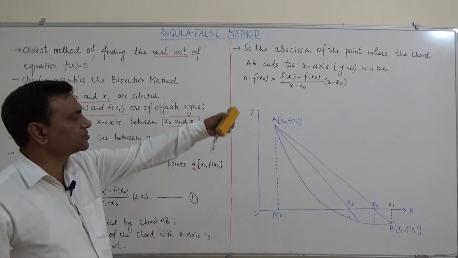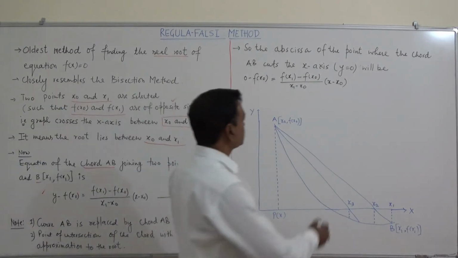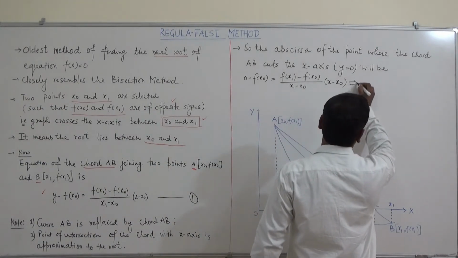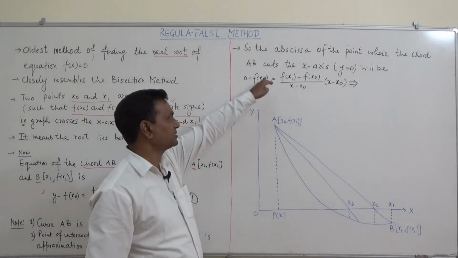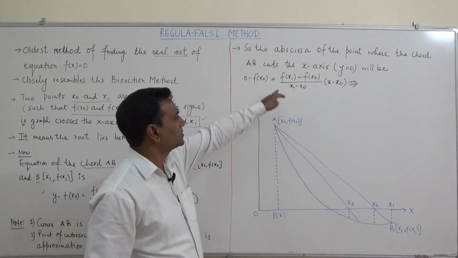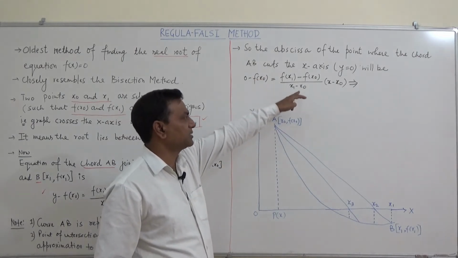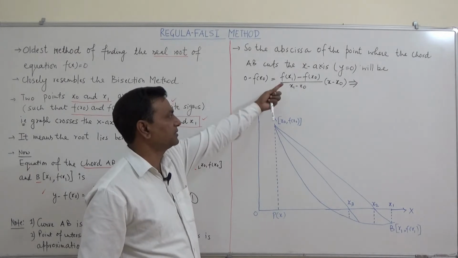So here y equals to 0. Now if we simplify it, this is cross multiplication. So this will be fx0 into x1 minus x0, and this will divide it.